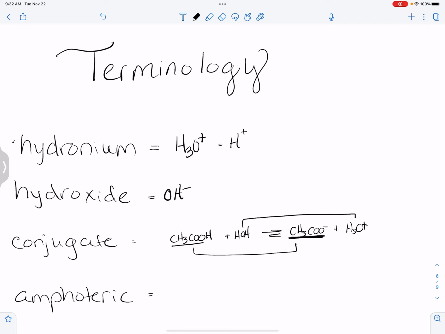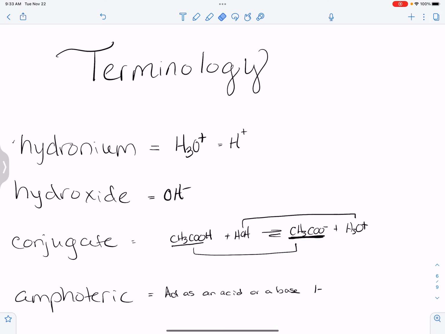Amphoteric. Amphoteric is something that can act as an acid or a base. And these are kind of unique because these ones are going to have a charge and they'll have at least one H. An example of something like this has a negative charge and it has an H. This can both accept H's and it can give that H away.